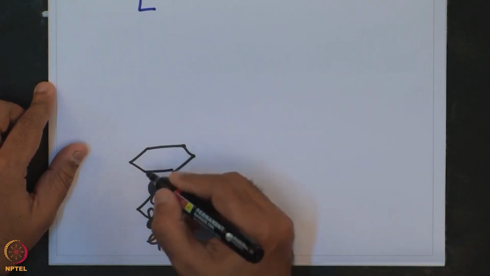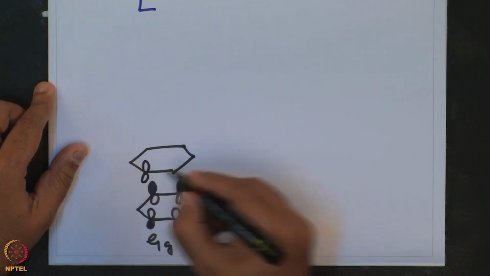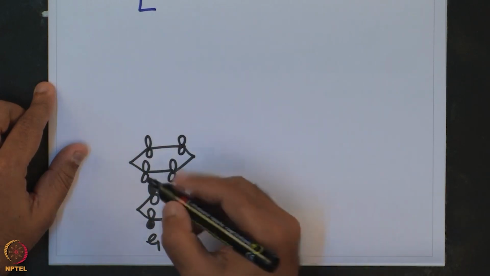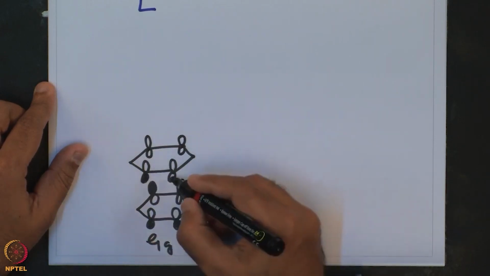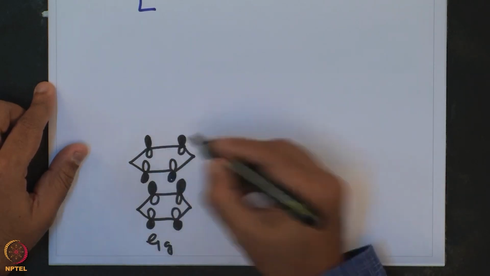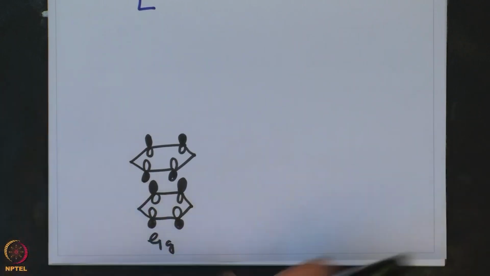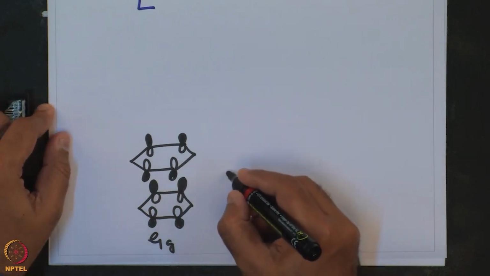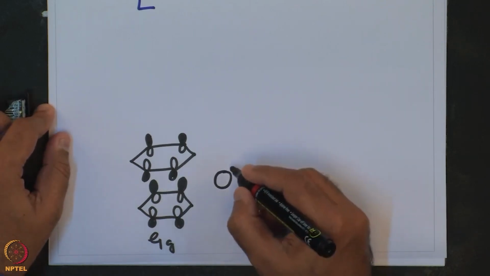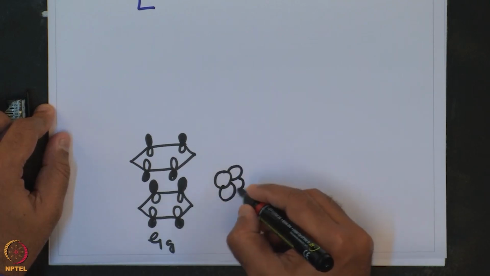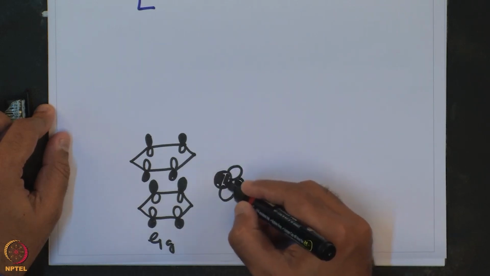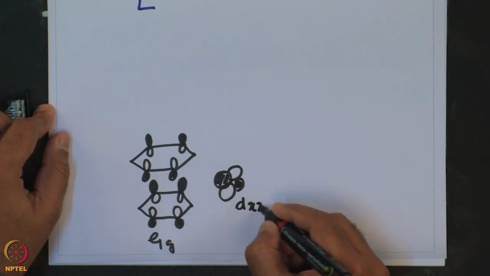The corresponding orbitals over here would thus be as shown, and the metal orbital would be dxz.